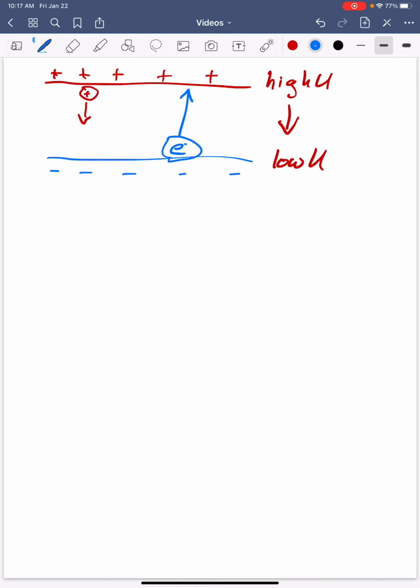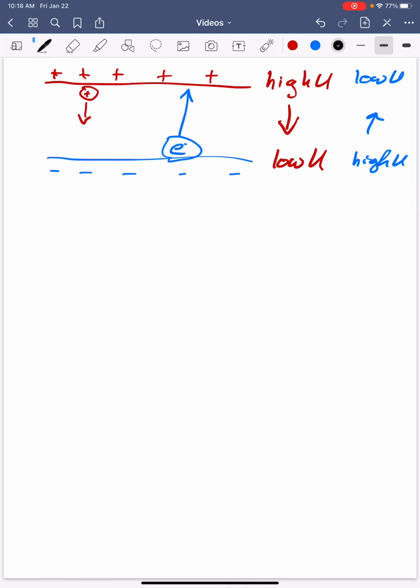So here I would have high and low U. That's our general idea here: I have an electric force and it has an associated potential.